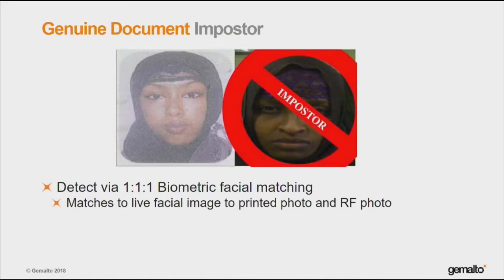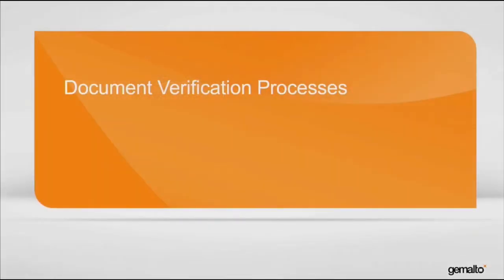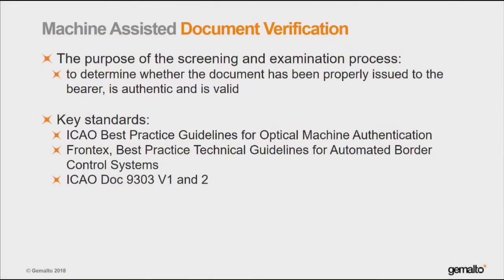This is a legitimate passport, but by doing a biometric check between the person presenting the passport and the printed image, and the image from the ePassport, they were identified as an impostor. So these are all various examples of where criminal organizations attempt to forge documents and use them, which emphasizes the need for strong document verification processes.